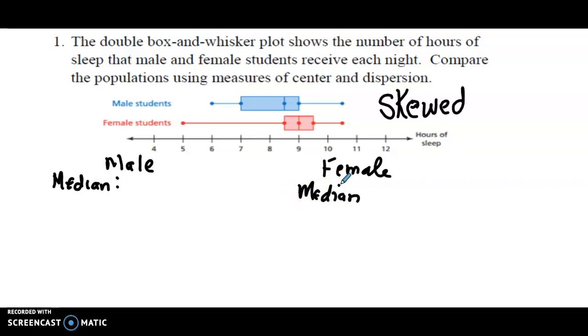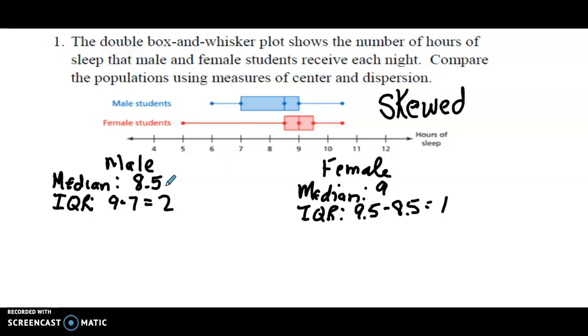And the measure of dispersion that we need to find is the interquartile range, or IQR. Again, in lesson 12.3, you learned how to find those from a box and whisker plot. So what I would like you to do is to test your knowledge. So go ahead and pause the video and see if you can find these four numbers for me.